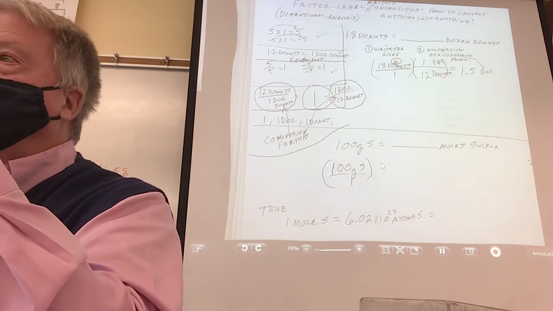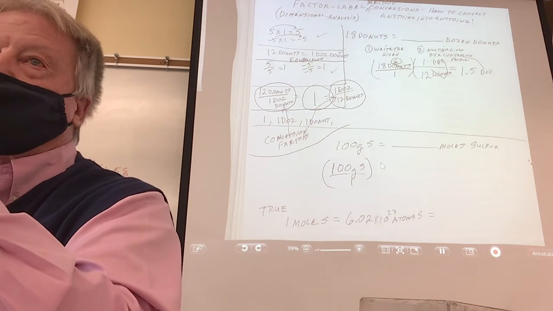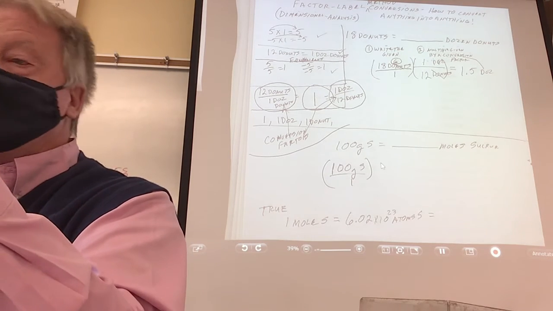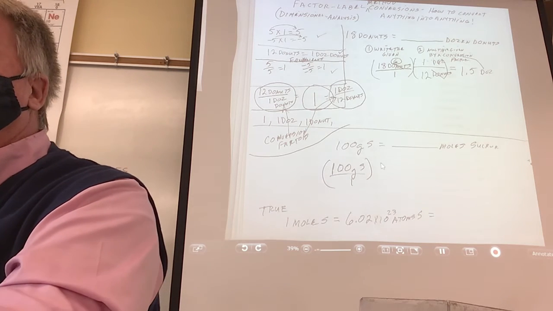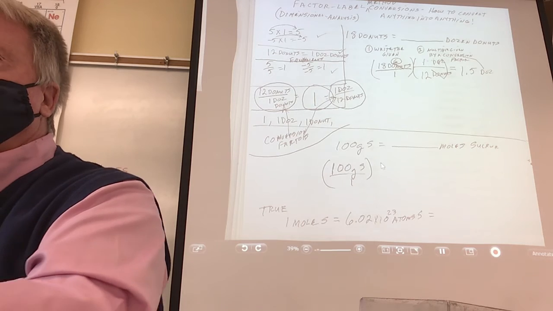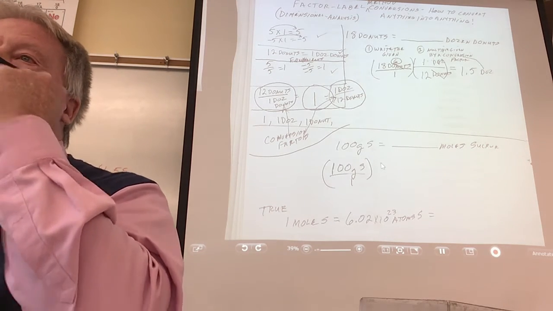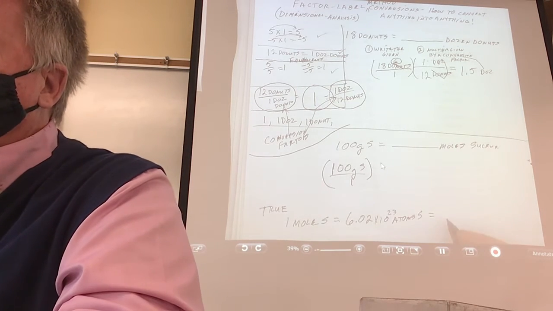You know it's 12. 1 dozen baseballs, 1 dozen sand grains, you know it's 12. In the chemistry world, a mole of anything is this many. That's a huge, huge number. You don't question why a mole is a mole, any more than you question why a dozen is 12. It is that many.